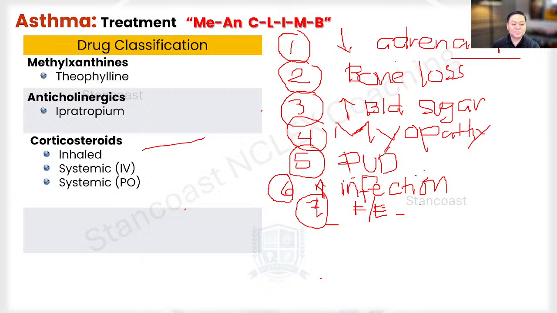Well, this is going to be the hypokalemia, reduced potassium level. Why? The reason for that is because the medication, the steroid, can actually cause the reabsorption of the sodium.